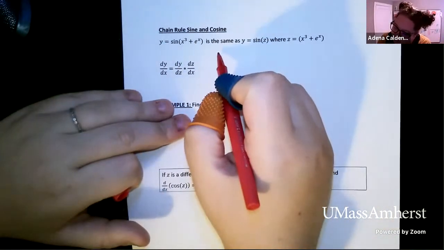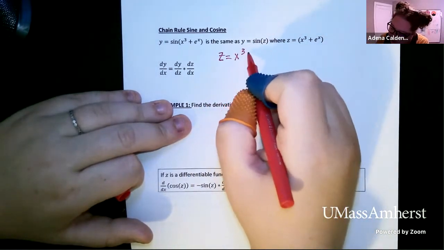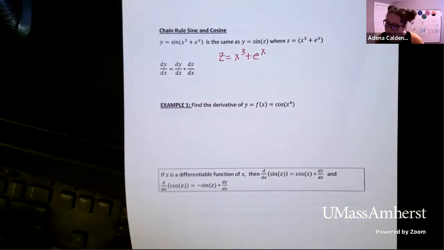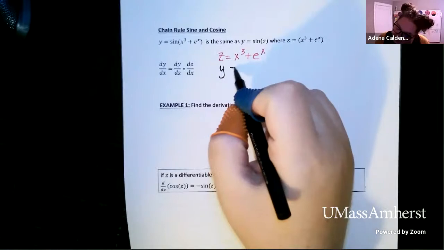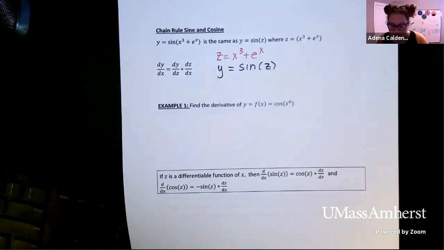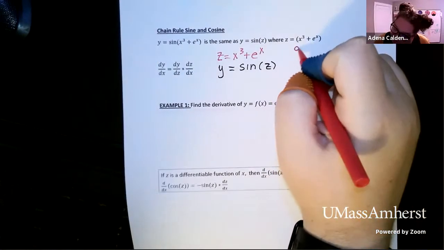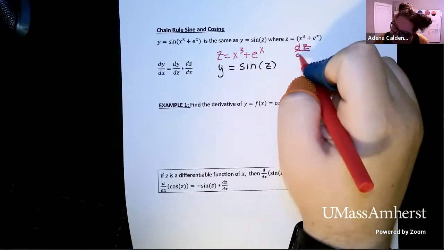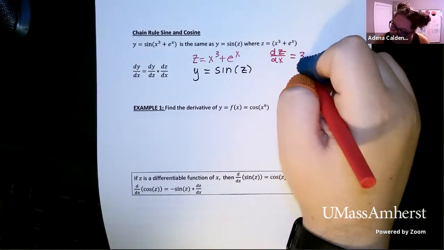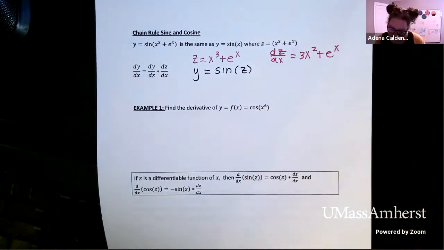So here for this particular one, our z is x cubed plus e to the x, which makes our y sine of z. By setting it up this way, we now have 2 derivatives that we can actually take. So dz dx, the derivative of x cubed plus e to the x, we get 3x squared plus e to the x.